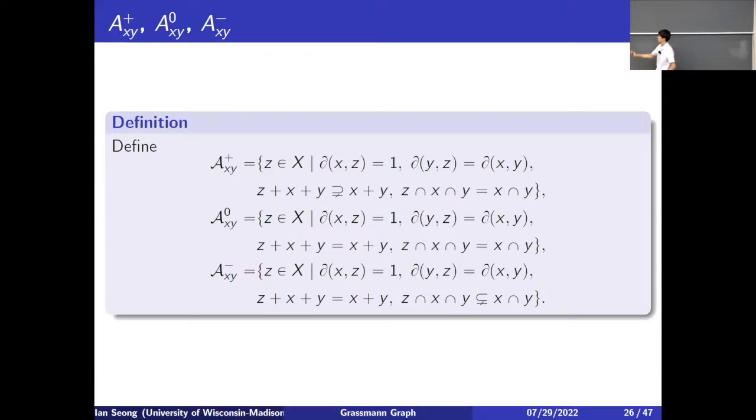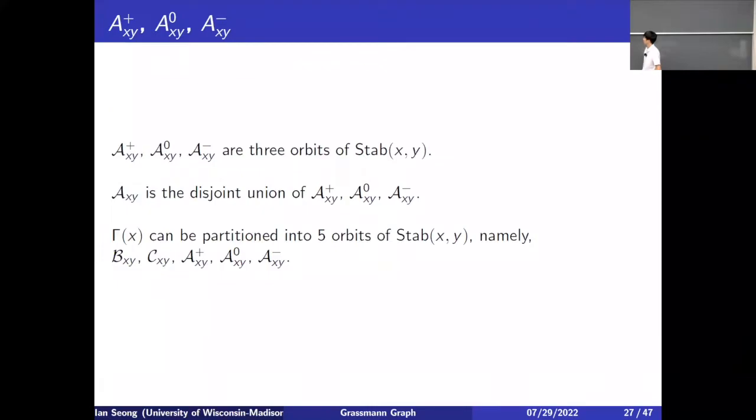And cal Axy naught is going to be the special one where it belongs to cal Axy, and the pluses and the intersections are just the same as the original x plus y and x intersect y. So this is how we further break down cal Axy. Okay, now these are orbits of stab xy, and cal Axy is the disjoint union of these 3.